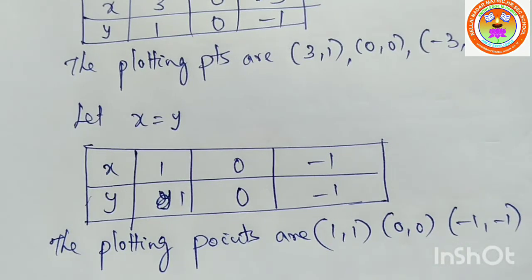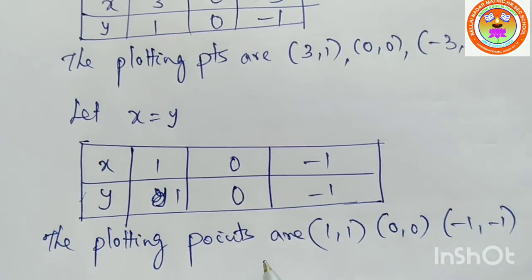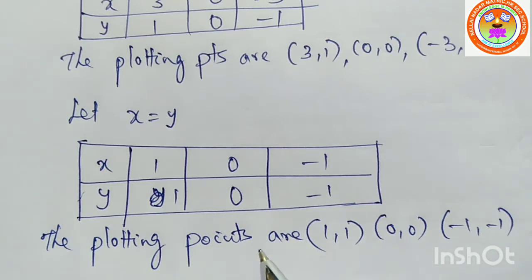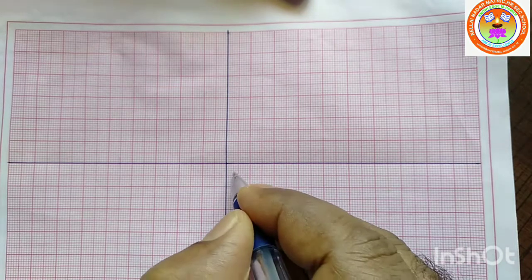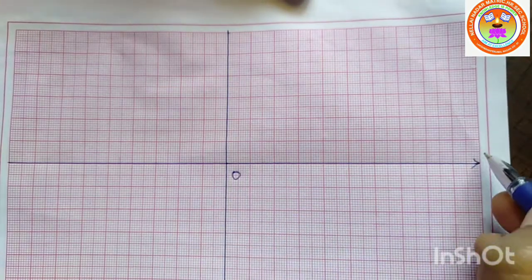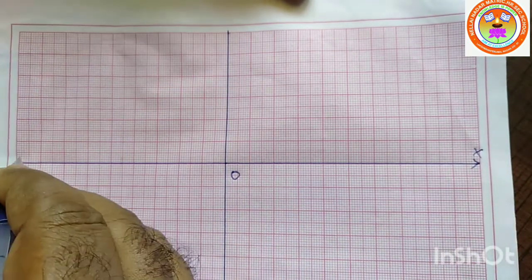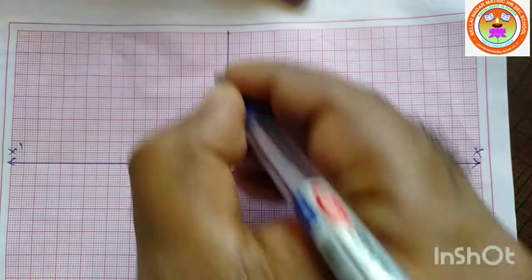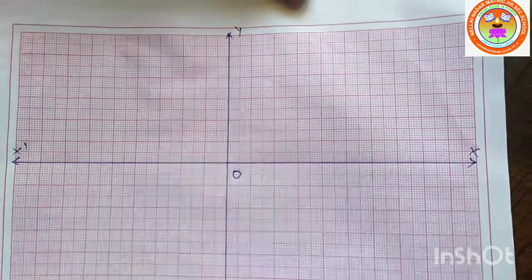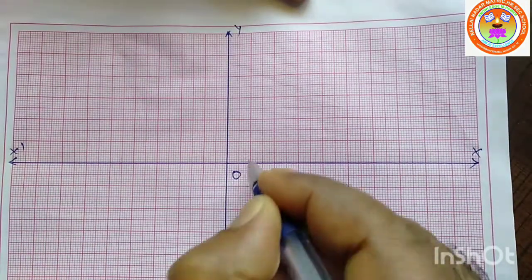Now we are going to draw the graph based on these plotting points. So this is the origin, x, x dash, y, y dash.